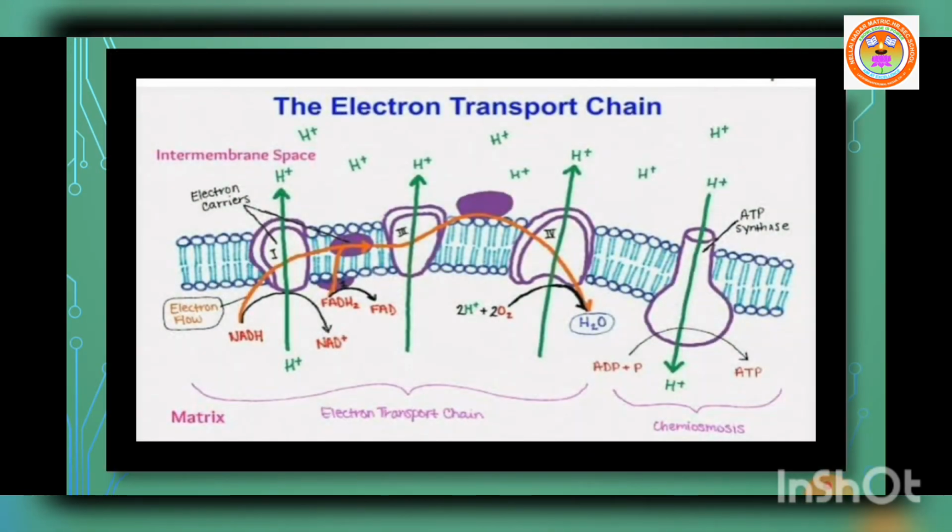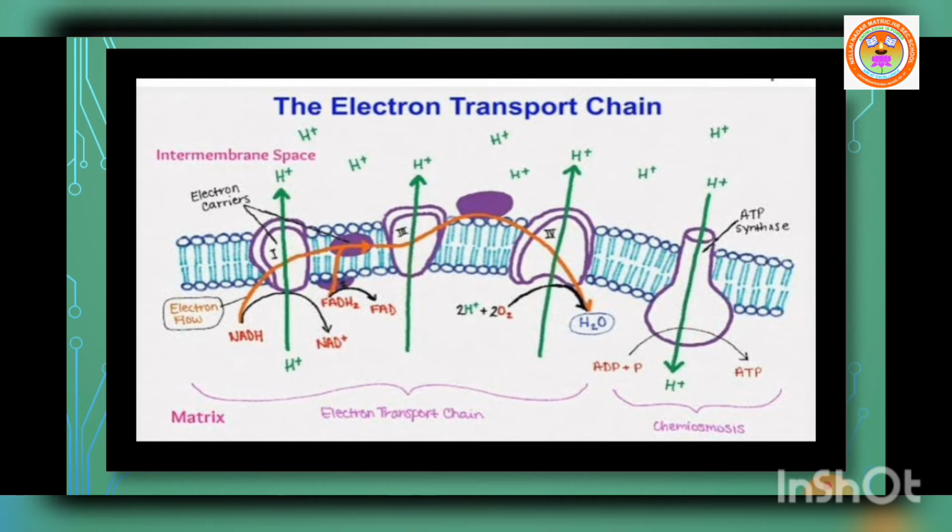Next, electron transport chain. This is another important stage of aerobic respiration. This is accomplished through a system of electron carrier complexes called the electron transport chain. It is located on the inner membrane of mitochondria.